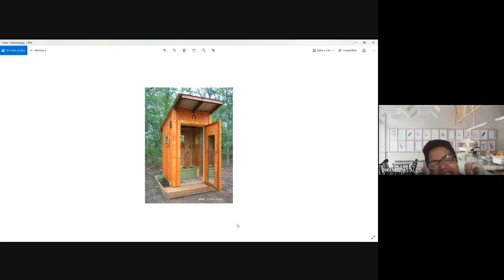Yes, but back in the 1800s, Marcus, this used to be sometimes the only bathroom in the house. The bathroom was only external. With time, they would put the bathroom inside the house, but in the past, the bathroom was always outside.